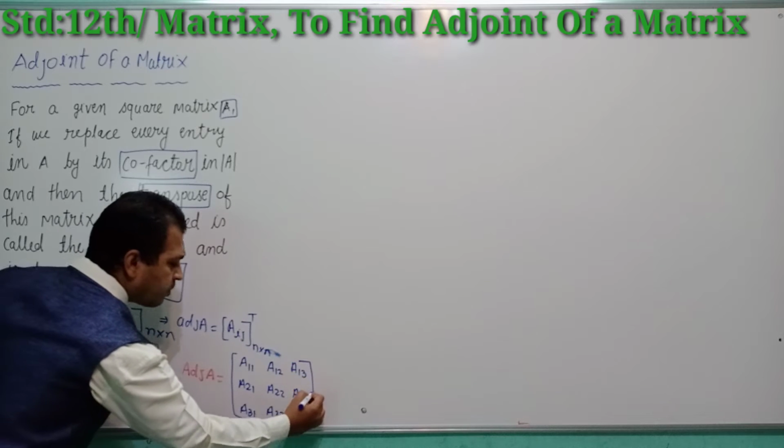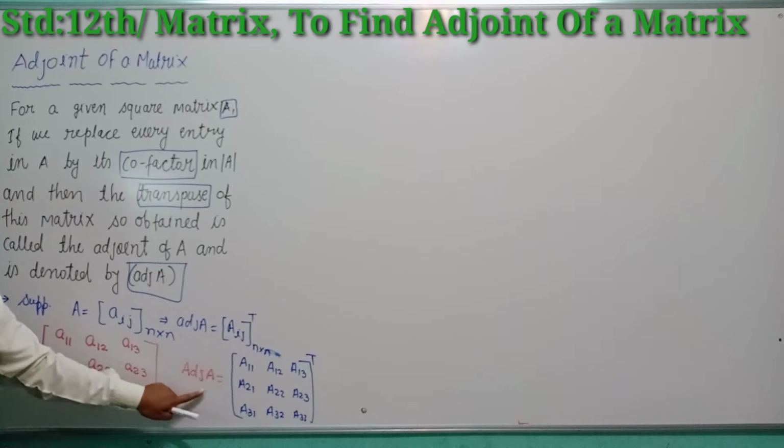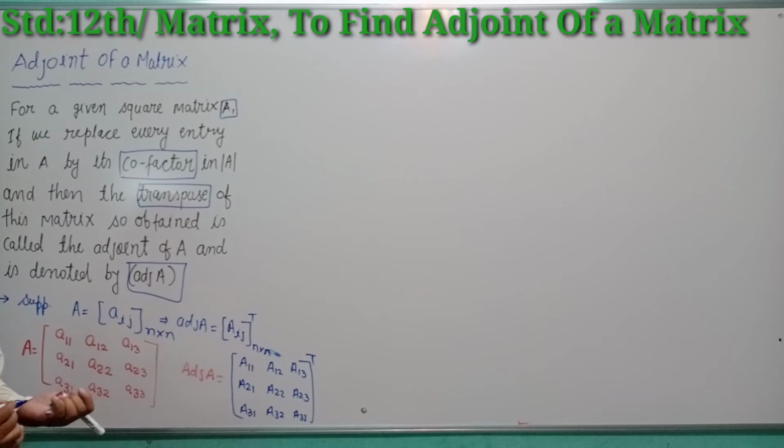Taking the transpose of this matrix, you will get the adjoint of A.